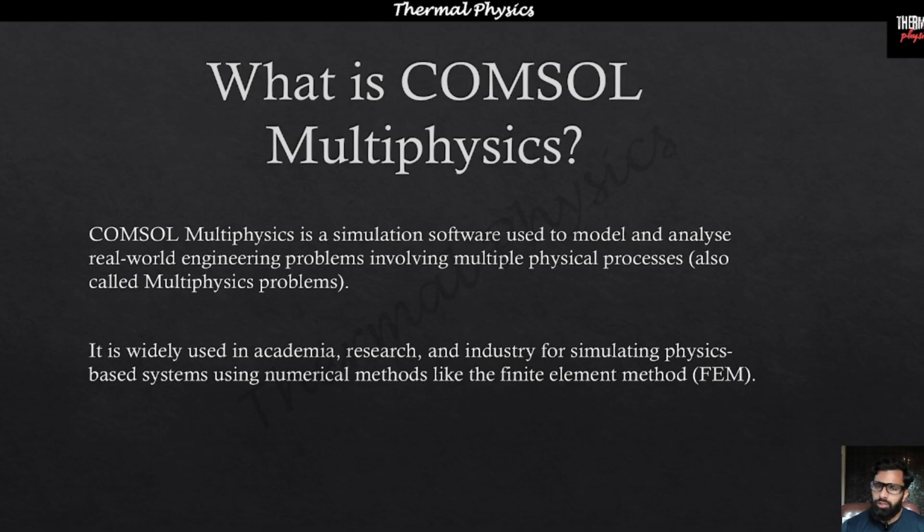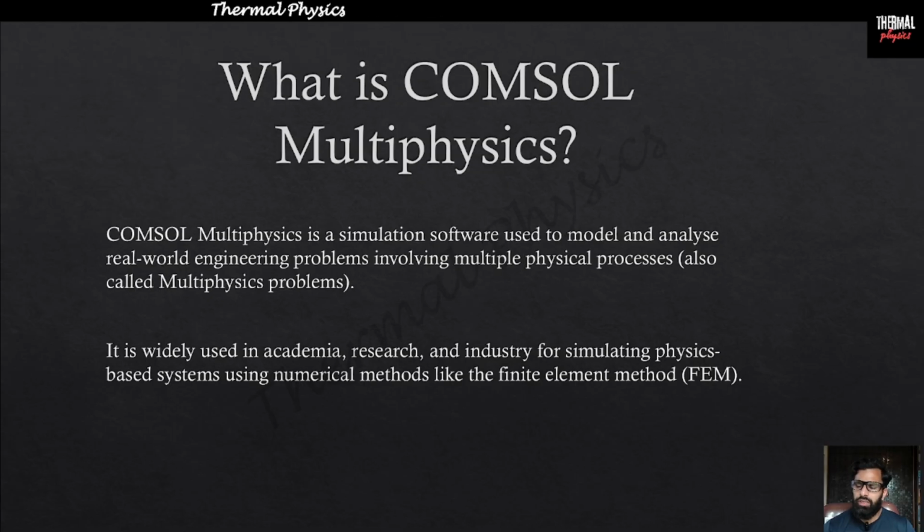If we talk about COMSOL Multiphysics, it itself is a software that is basically designed to couple different physics together. It is fundamentally designed for coupling different physics together in the easiest way, we can say. So COMSOL Multiphysics is a simulation software used to model and analyze real-world engineering problems involving multi-physical processes. Also, we call them multi-physics problems.